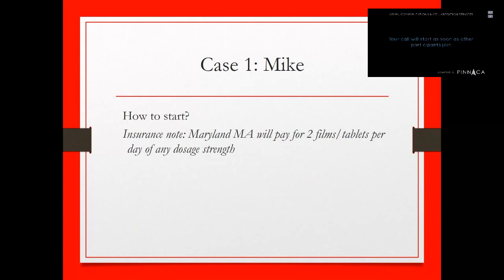The advantage of an office induction is that it allows you to titrate your dose maybe a little bit faster early in treatment. It also allows you to be sure that your patient is taking his medication correctly. And it ensures that you're able to really monitor the patient both in terms of symptoms and also in terms of clinical signs of withdrawal while you're starting those first few doses.